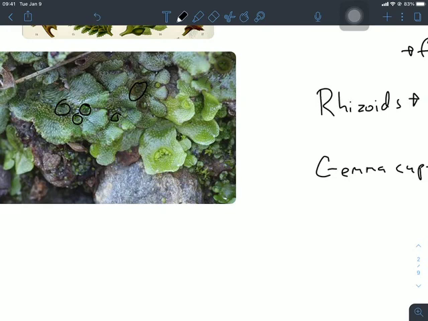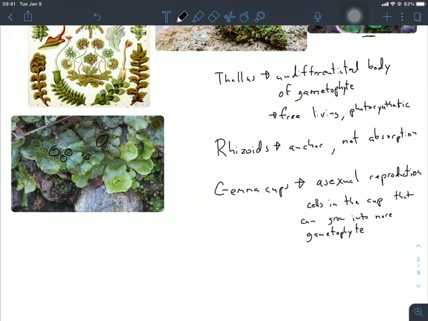Now, if you're waiting for rain to spread your cells around, you're waiting for the ideal conditions in order to continue growing your liverwort gametophyte. So gemma cups are both environmentally adapted as well as a unique method of reproduction that we'll see replicated in different ways across different plants.